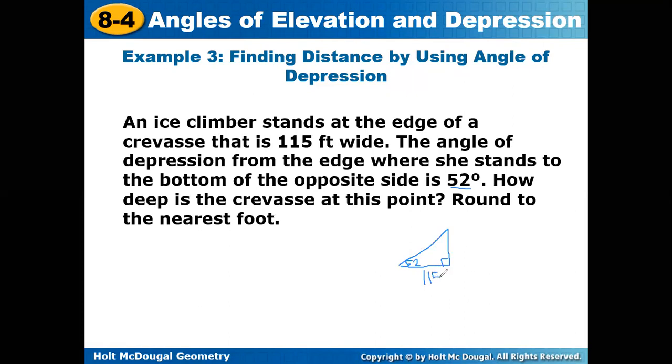And the question is, how deep is the crevasse at this point? How deep, like how tall, means I ask you about this leg. You understand? It's very easy to draw this triangle. Okay, now let's see the answer of the question.